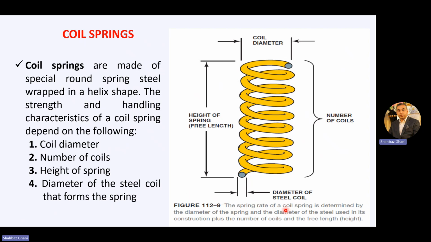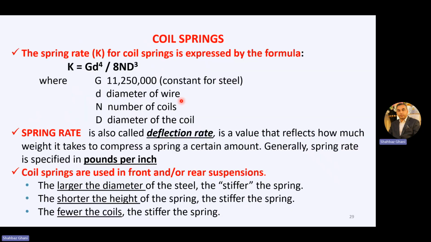The spring rate of a coil spring is determined by the diameter of the spring and the diameter of the steel used in its construction plus the number of coils and the free length, the height. The spring rate K for a coil spring is expressed by this formula.